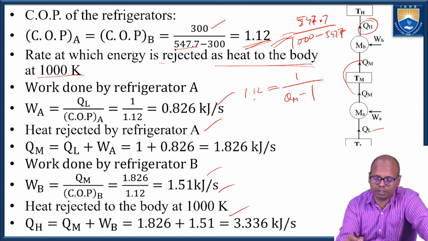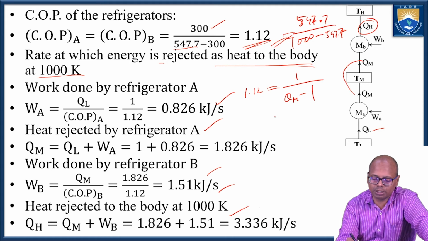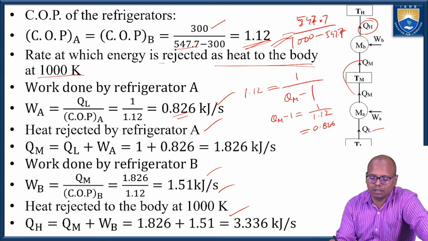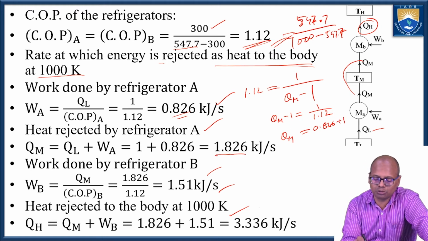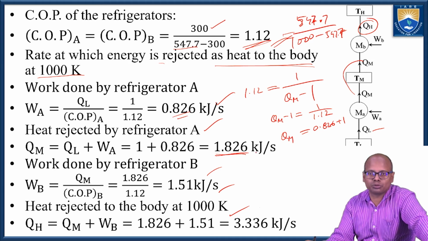If I multiply this here, it will be equal to QM minus 1 is equal to 1 by 1.12. So this value is equal to 0.826. So this QM now is equal to 0.826 plus 1, and that is equal to 1.826.